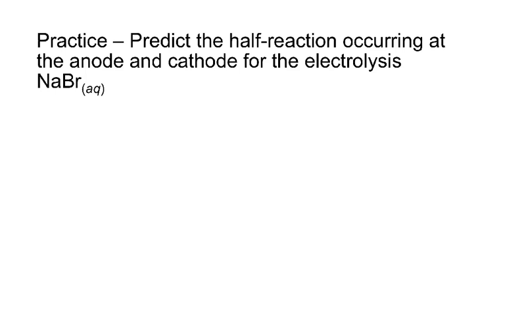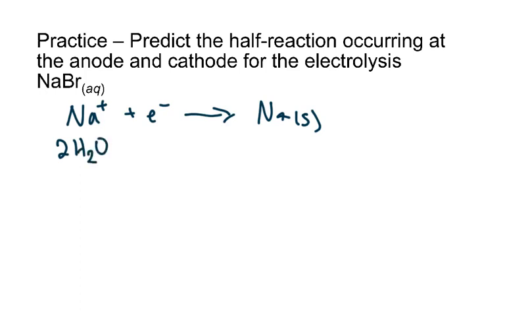Okay, so predict the half reaction occurring at the anode and cathode for the electrolysis of sodium bromide. So our choices are sodium plus an electron goes to sodium metal, and from the previous slide, 2 water plus 2 electrons goes to H2 plus 2OH minus.